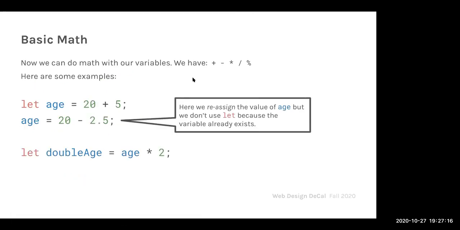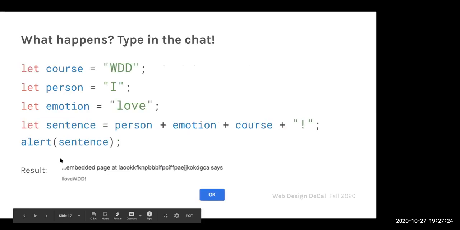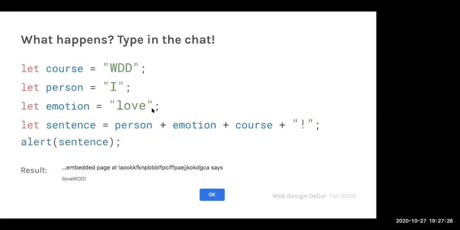Okay, so when it comes to math in JavaScript, it's basically like, hold on, is there a question? Yeah, so when we declare variables in JavaScript, there's actually a couple ways you can do it. You can use either let, var, or const.